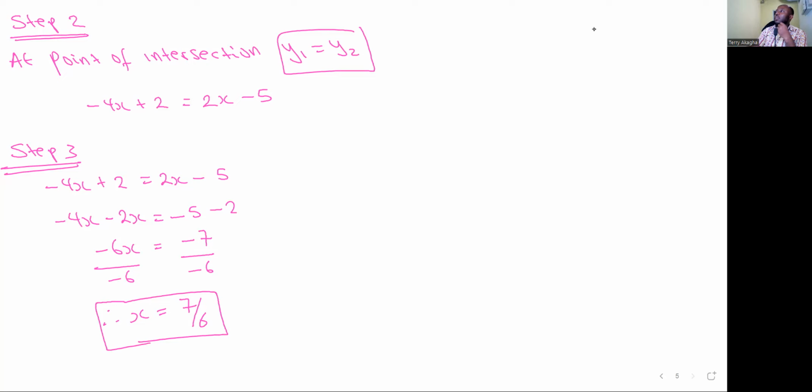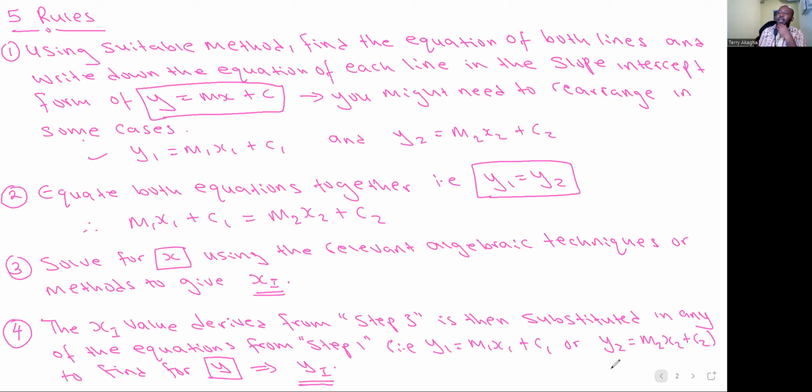Then we'll go to the next part, which was step 4. So step 4 now, what does step 4 say? Step 4 said the xi value derived from step 3 is then substituted in any of the equations from step 1, either the y1 or the y2 equation, to find y, okay?